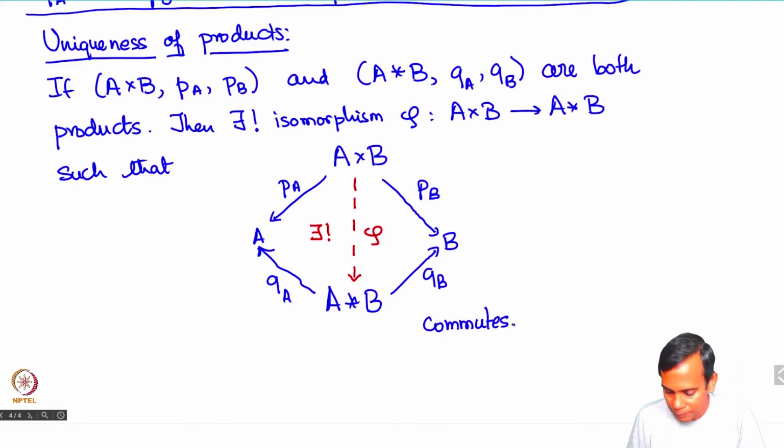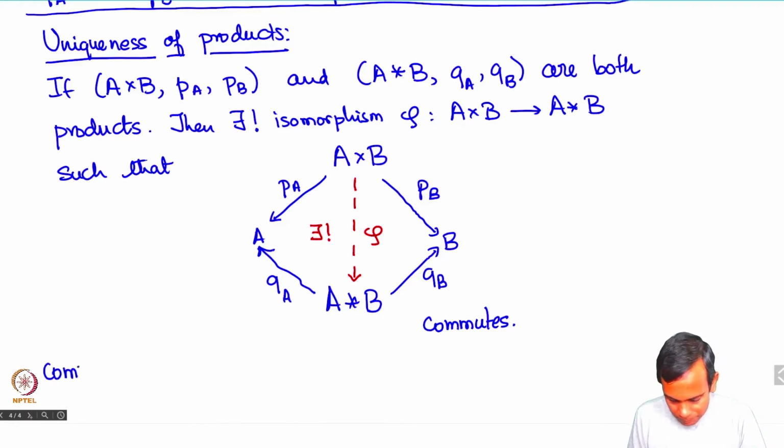In other words, you can go from A cross B to B either by PB directly, or you can go via A star B. So what this commutes is saying, let me just spell it out again since these are new concepts.